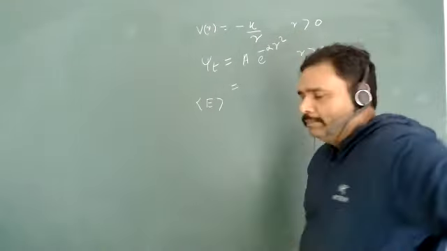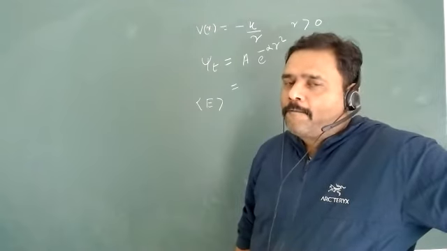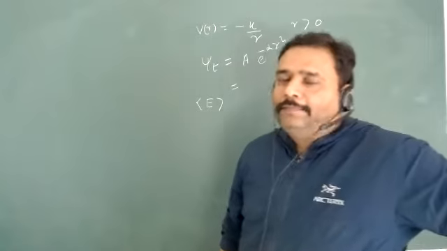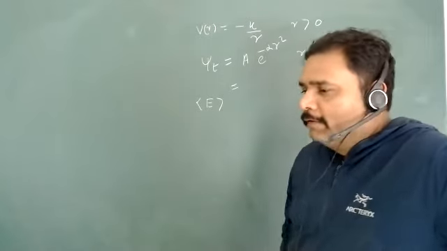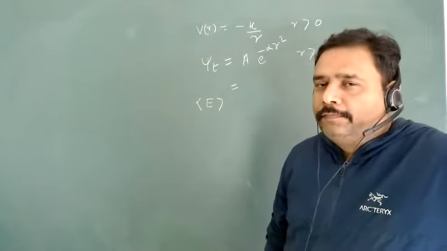What is the value of A without calculating? 2 alpha by pi to the power 1/4. Sir, 2 by a naught to the power 3/2. Where did a naught come from? What is the value of A? First tell me this, we have already discussed it. What is the value of A? So 2 alpha upon pi to the power 1/4. No, no.